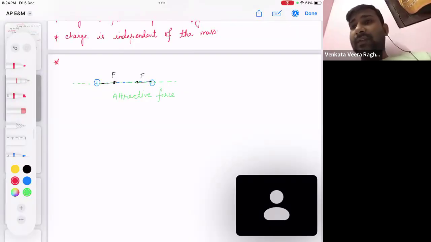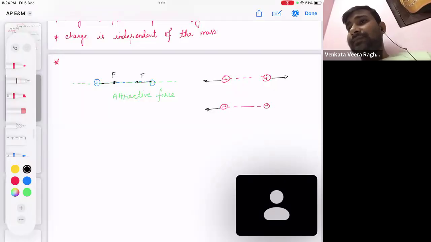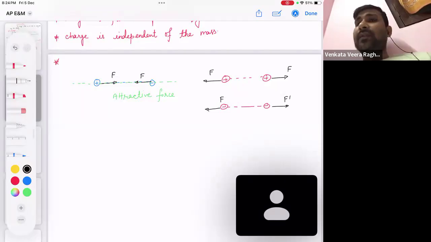And if we take similar charges, maybe both positive or both negative, then what will happen in these two situations? They will be repelling each other with equal force. So this force will be called the repulsive force.